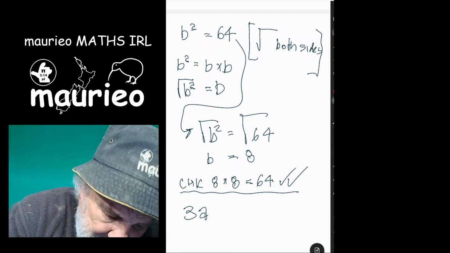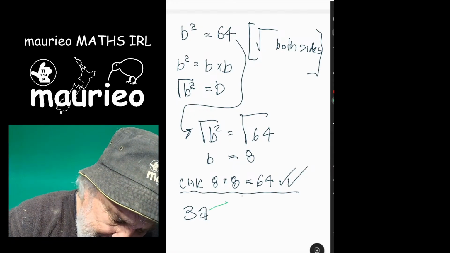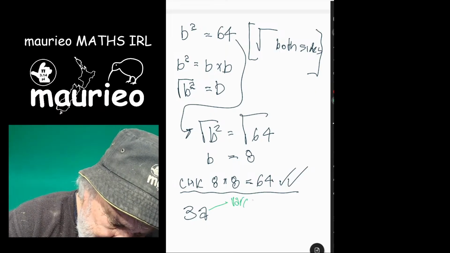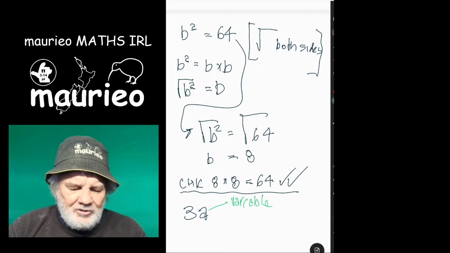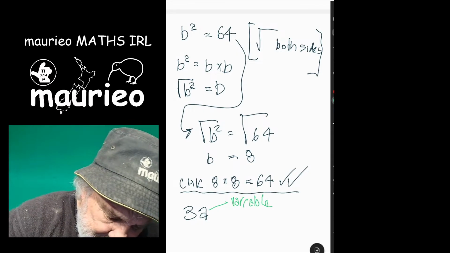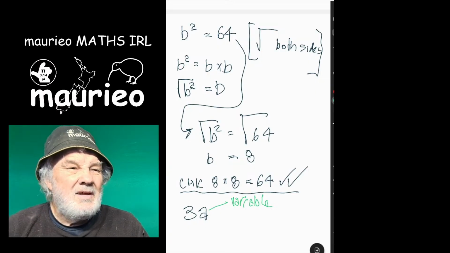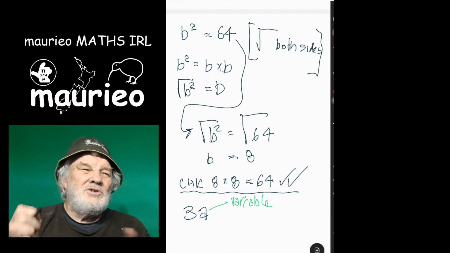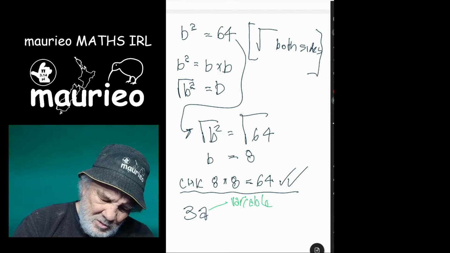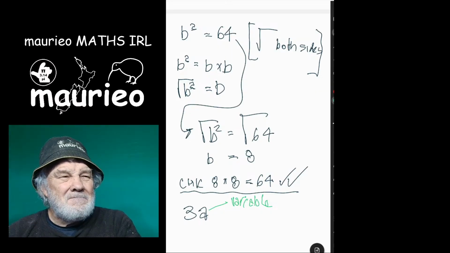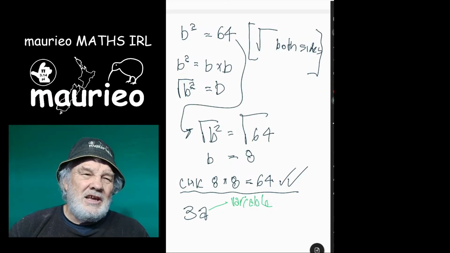So let's say we call a the variable, because it varies or it changes. The a can be any number in this instance, so that's the variable.